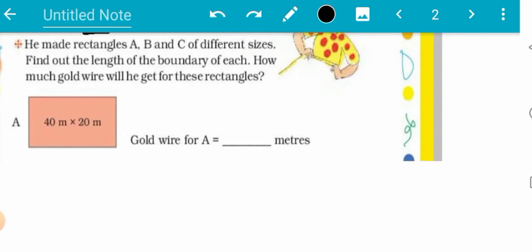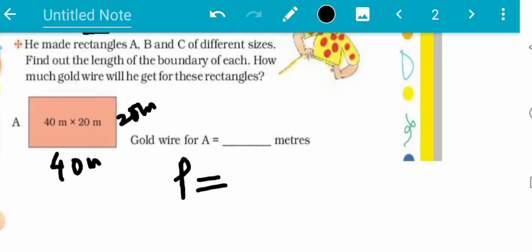For rectangle A, Anar has made this rectangle whose area is 800 square meter, and the length and breadth are 40 meter and 20 meter. So the perimeter, for gold wire. How to find it? The perimeter of the rectangle is 2 into length plus breadth.